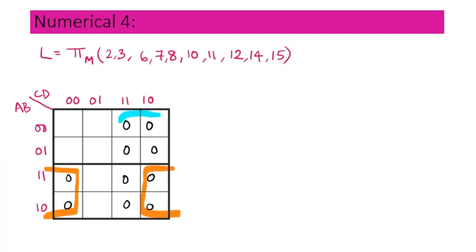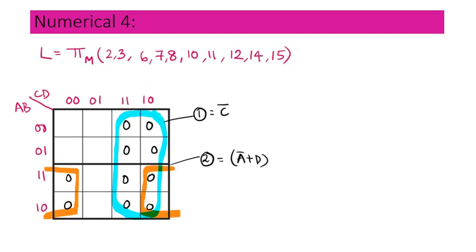So for the blue group, that is the first group, we have the expression as C bar, and for the second one indicated by the orange color, we have the expression as A bar plus D. So the final expression will be A bar plus D into C bar.